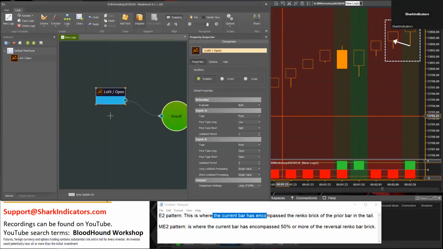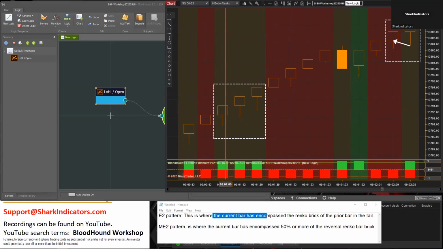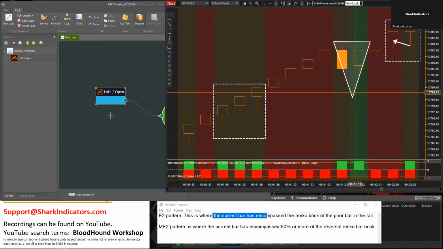And the easy way to get rid of the short output is, we know that when we need these Renko bars to be an up bar, for example, we don't want to do this comparison. We don't want to compare an up bar to a down bar. That's an invalid comparison.